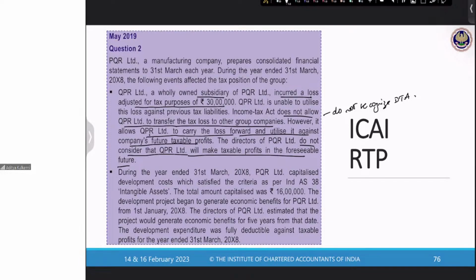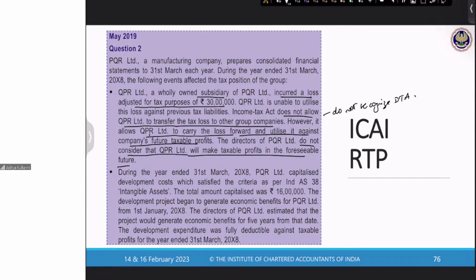During the year ended 31st March 20X8, PQR Limited capitalized development costs which satisfied the criteria as per Ind AS 38 intangible assets. The total amount capitalized was 16 lakhs. The development project began to generate economic benefits from 1st January 20X8.